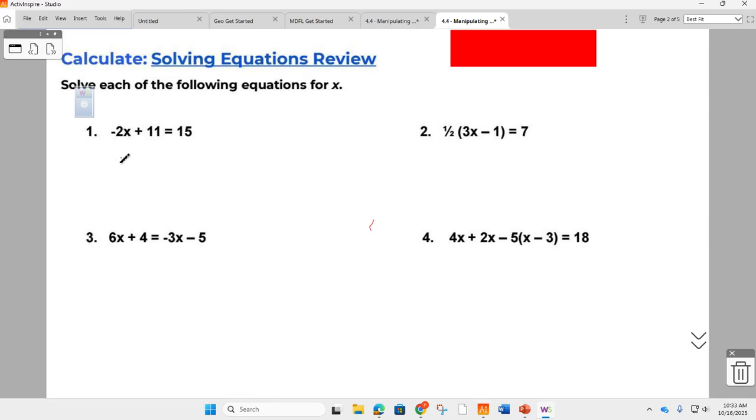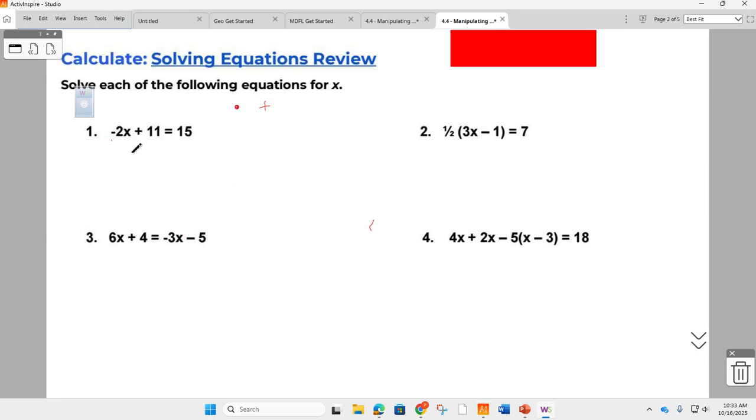What does -2x mean? What's that operation that's happening there that we didn't say? Yeah, it's 2 times x. -2 times x, right? So we have to remember -2 times x plus 11. We've got to undo the addition and also undo the multiplication.